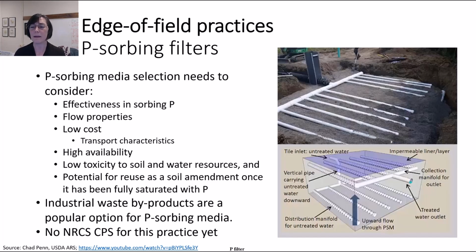Steel slag is a waste byproduct. But you definitely need to test these media in the lab before you go full scale with them to make sure you're not leaching some of these harmful contaminants. There are also commercial products available for phosphorus absorption, but these tend to be very cost prohibitive for an agricultural purpose, like treating tile runoff or tile drainage.